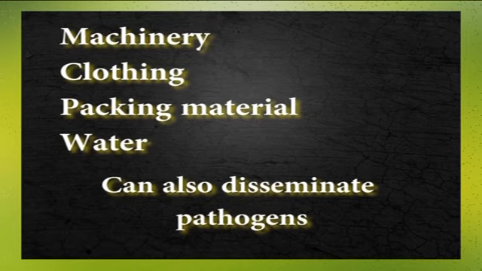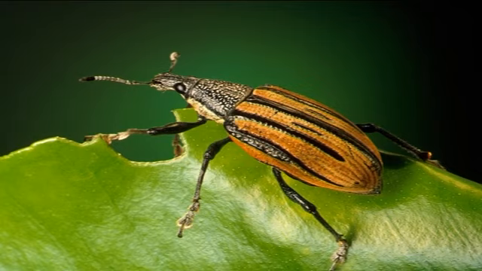Both diseases can occur simultaneously under growth conditions in which day and night temperature differences enable disease progression in susceptible plants. Infested or infected seed or any plant part can be sources of bacterial inoculum. Machinery, clothing, packing material and water can also disseminate pathogens, as can insects and birds.